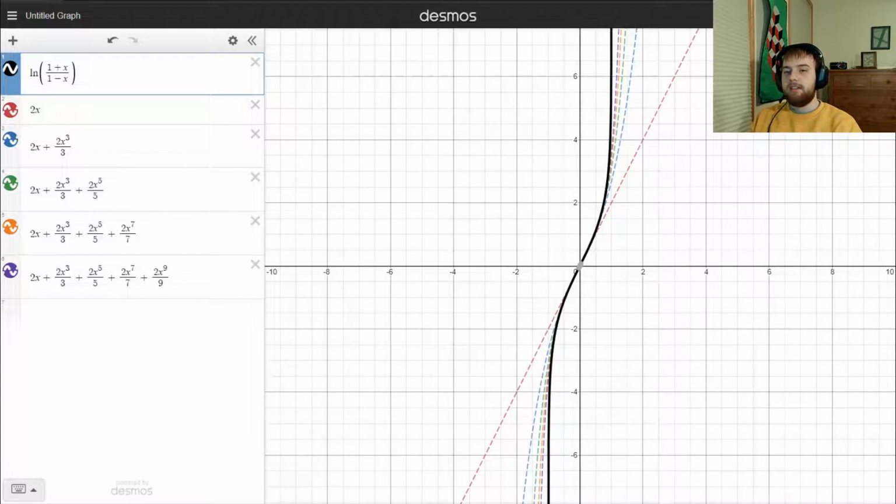It's very messy, but what you end up with is that that's equal to ln of 1 plus 2x plus 2x squared plus 2x cubed. And that goes on forever also. So this is another exactly equal approximation using infinite series.